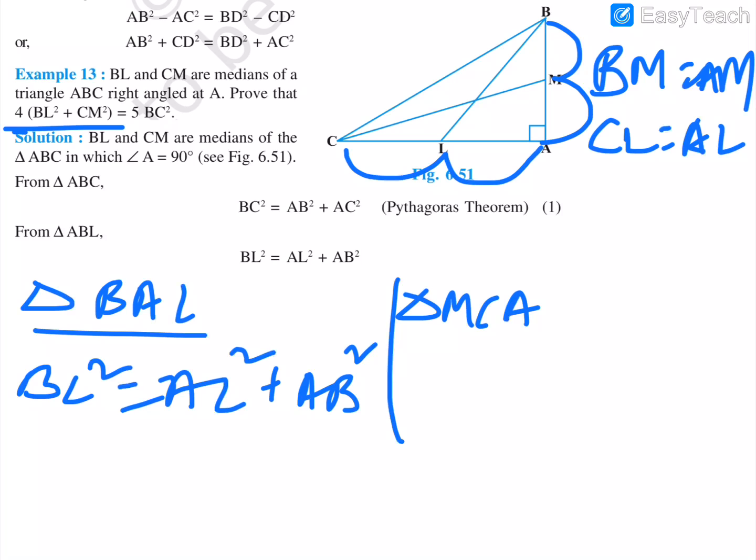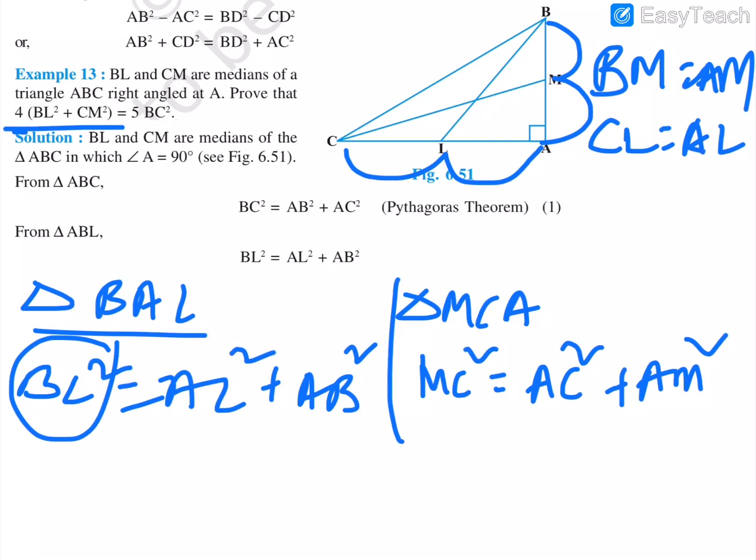Similarly in triangle MCA, angle A is right angle, so the side opposite to angle A is MC. So MC square is equal to CA square plus AM square. So here in MAC, MC square is equal to AC square plus AM square. So here we need BL square plus CM square.